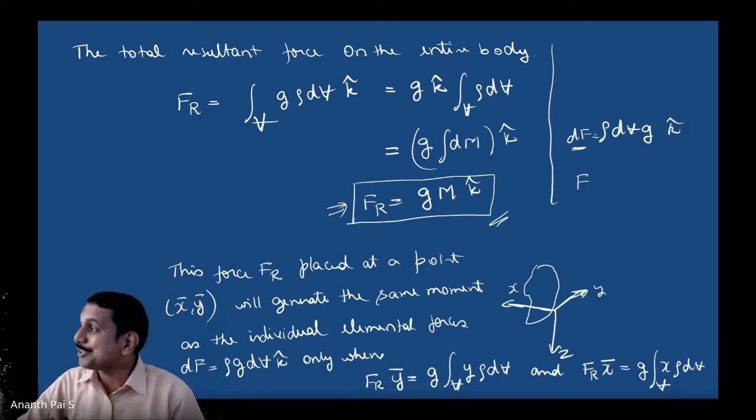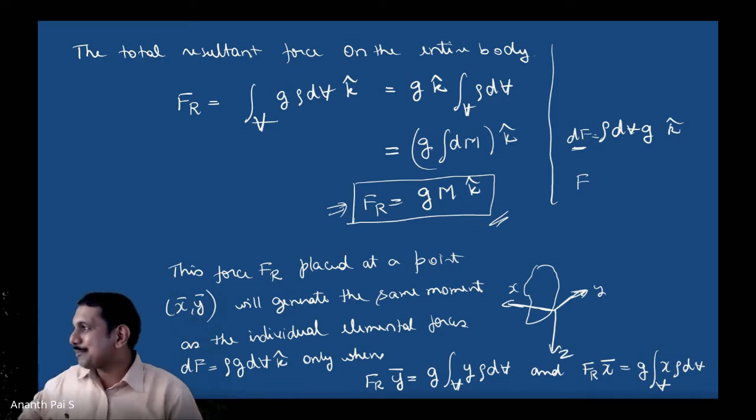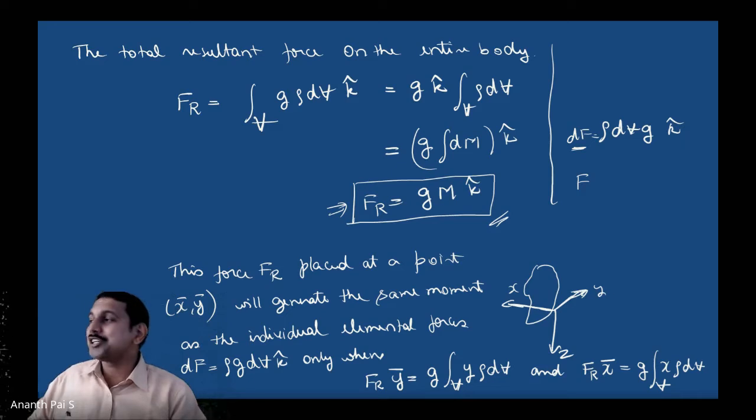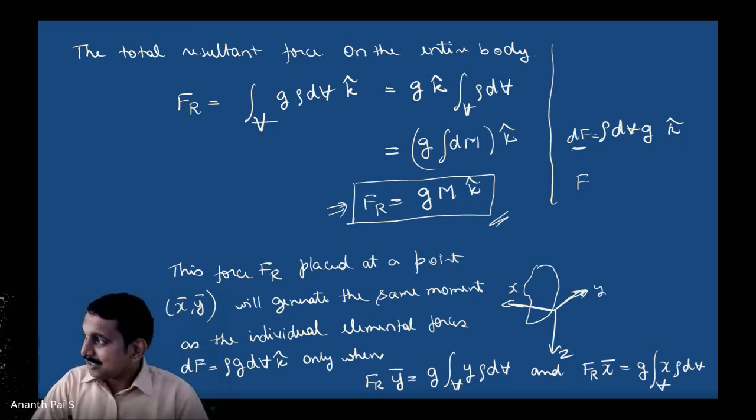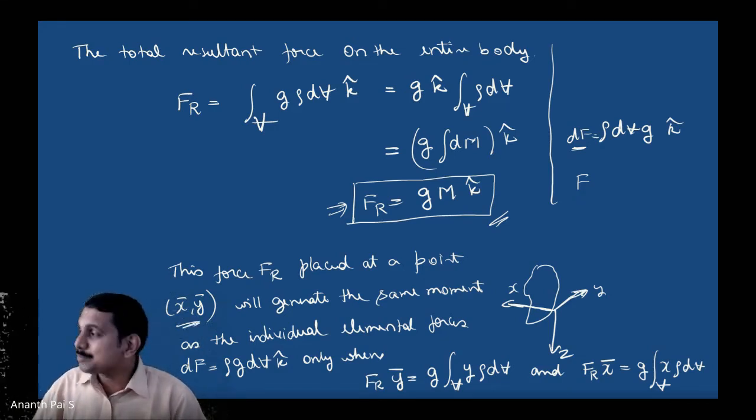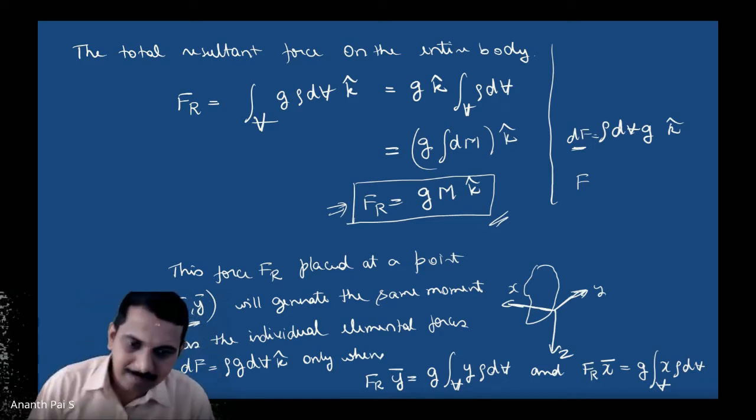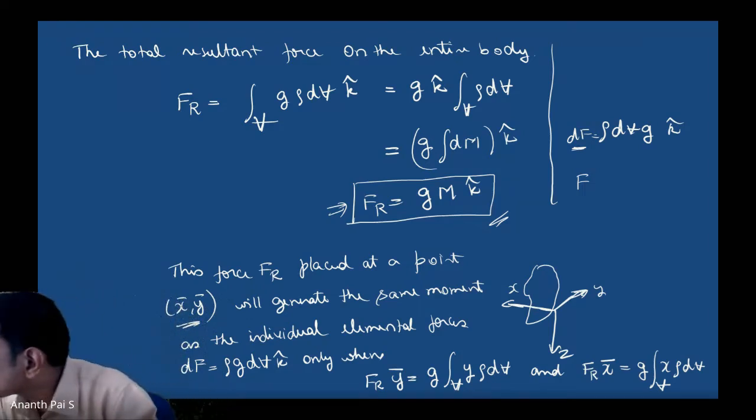He should know where to push and how much to push. How much he should push is given by Fr. How much he should rotate depends on x bar, y bar, where he places it. Make sense? Clear?